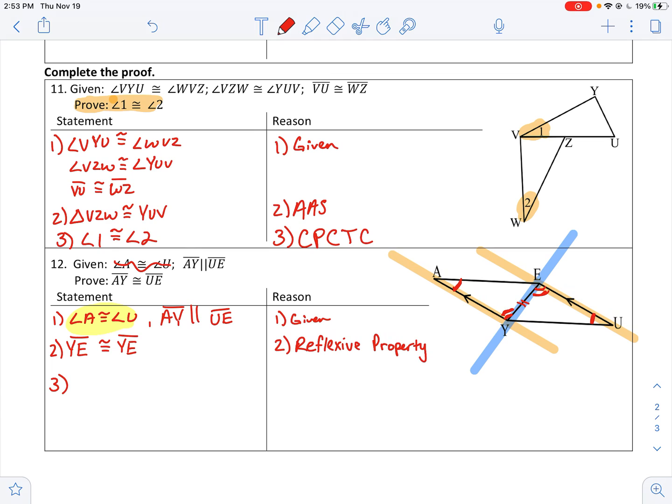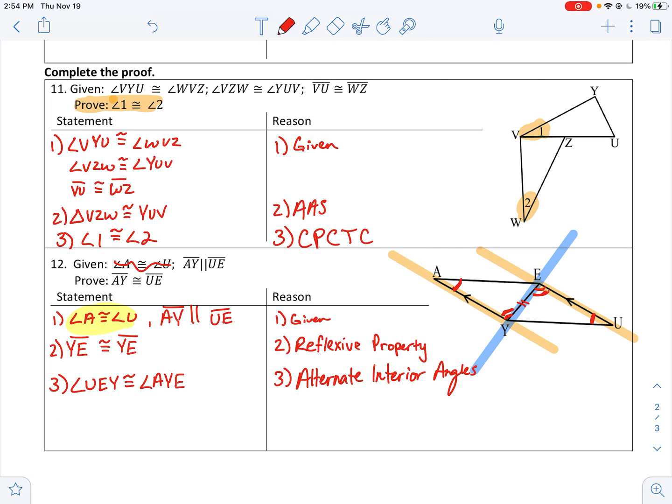I'll use that pair. So UEY is congruent to, what is that? AYE. And what kind of angle pairs are those? Those are alternate interior angles.